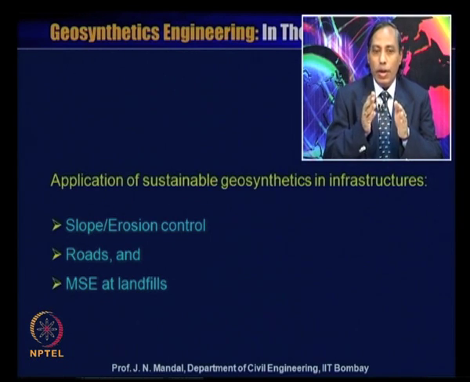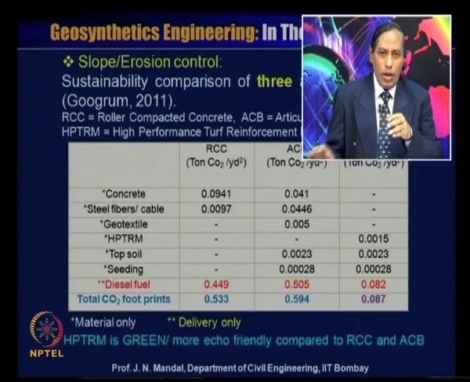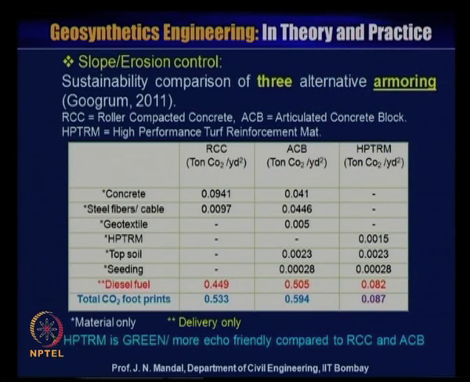where you can see how we can save energy. For example, in the case of slope or erosion control related problems, a road, and a mechanically stabilized wall at a landfill site. This is a slope or erosion control problem. This is a sustainability comparison for the 3 alternatives, Geomembrane 2011.